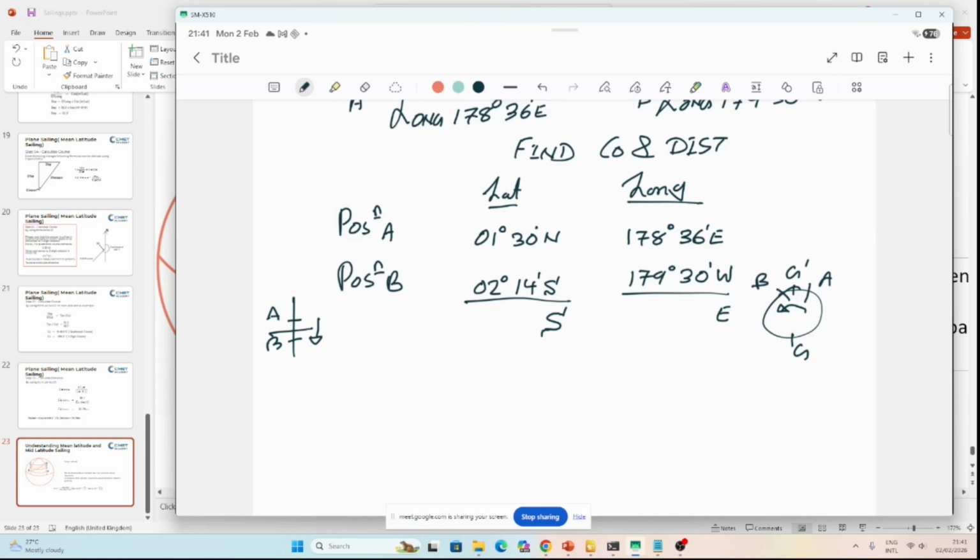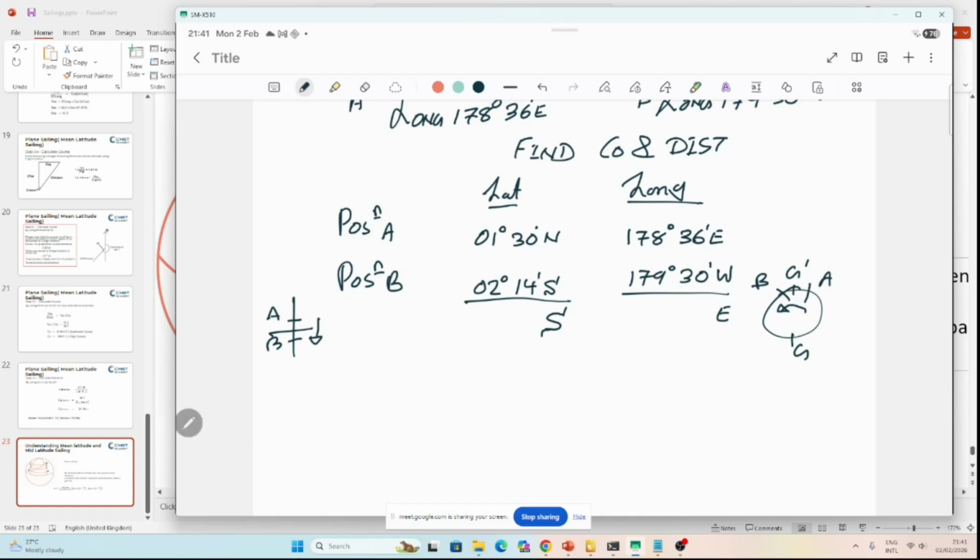Okay, right. So let's find out how much this is. Now the problem comes in when it comes to the mean latitude.